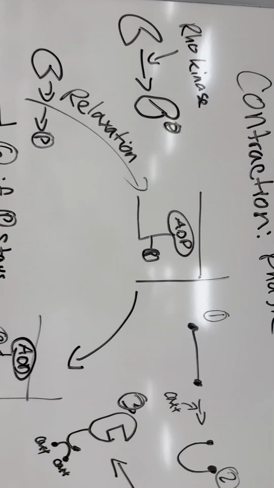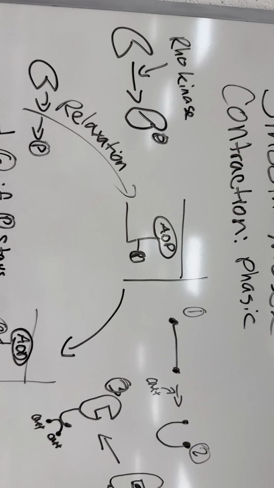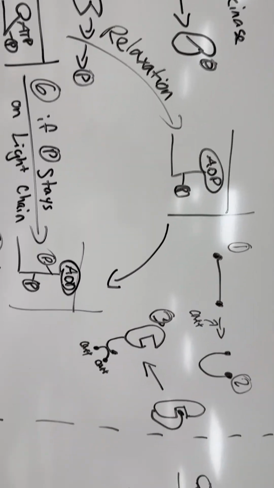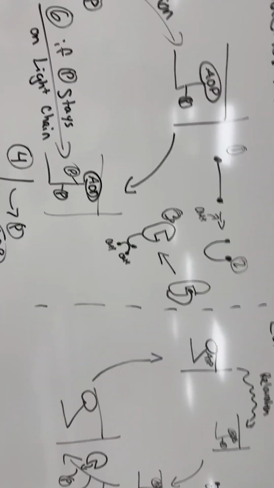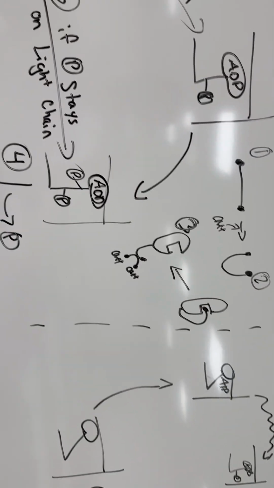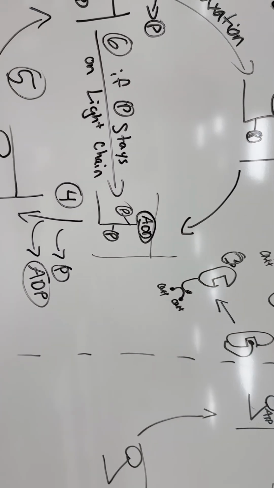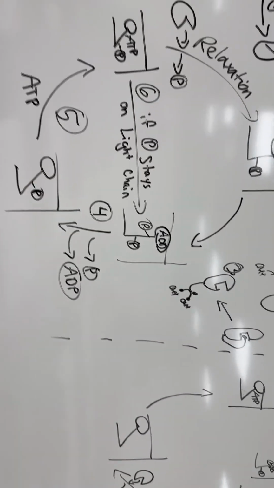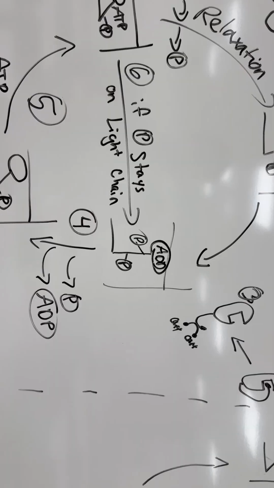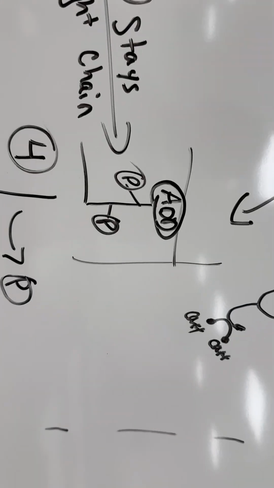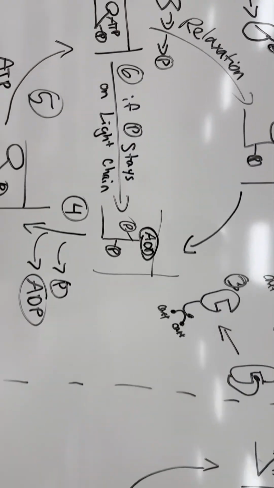So we start up here in our resting position, where we have our ADP and phosphate. Then we're going to activate myosin light chain kinase, which is going to add an extra phosphate onto our myosin. And then that is going to allow the myosin to push the tropomyosin out of the way, so we're causing a conformational shift.